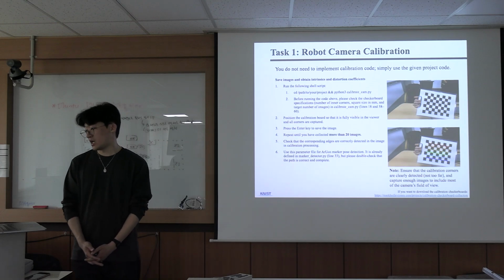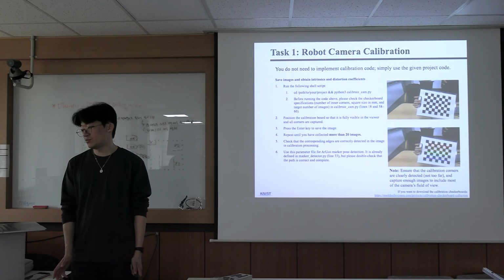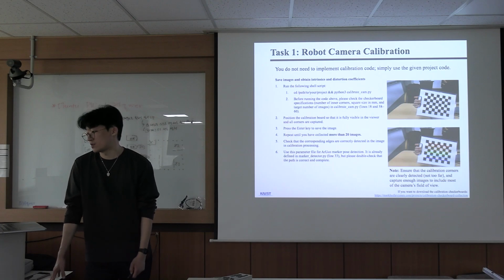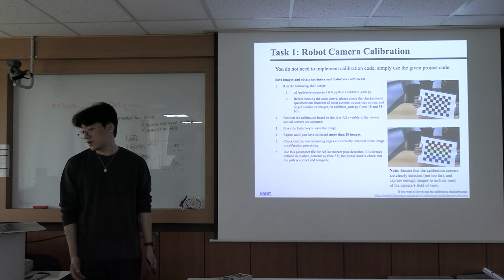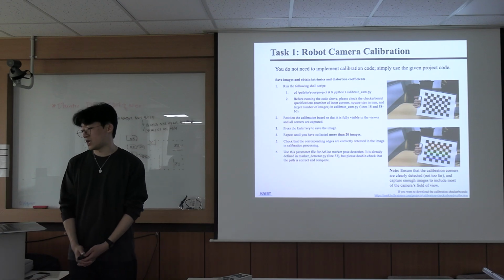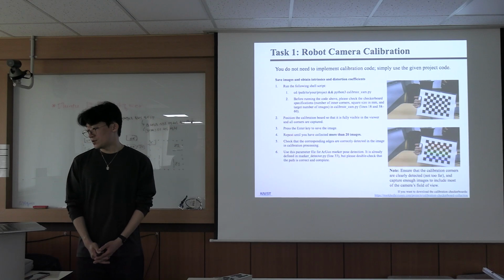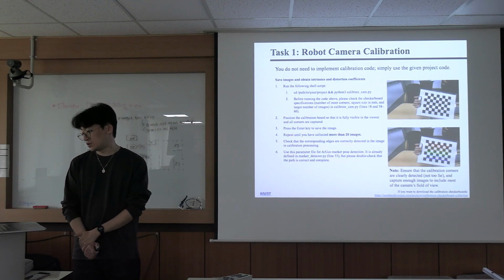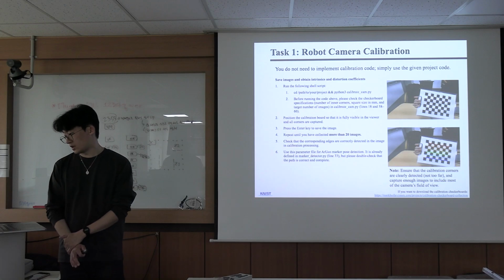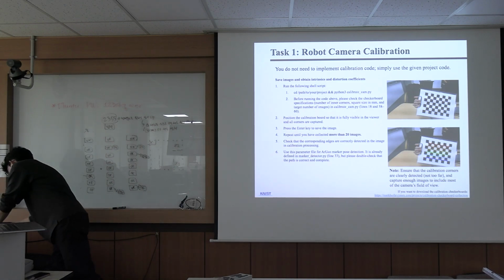I'll introduce the robot camera calibration process. First, you don't need to implement the calibration code. Just use the provided projection code. You only need to follow the instructions to obtain the intrinsic and distortion parameters. So please make sure the calibration corners are clearly detected. To do this, place the calibration board, which I'll give to you.